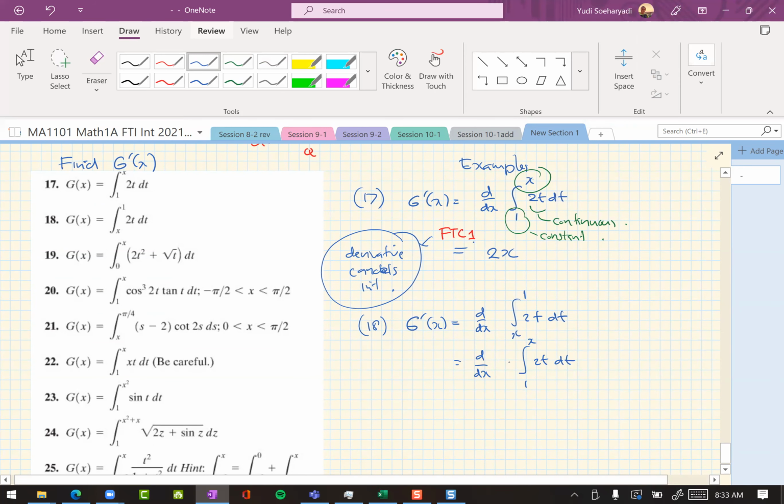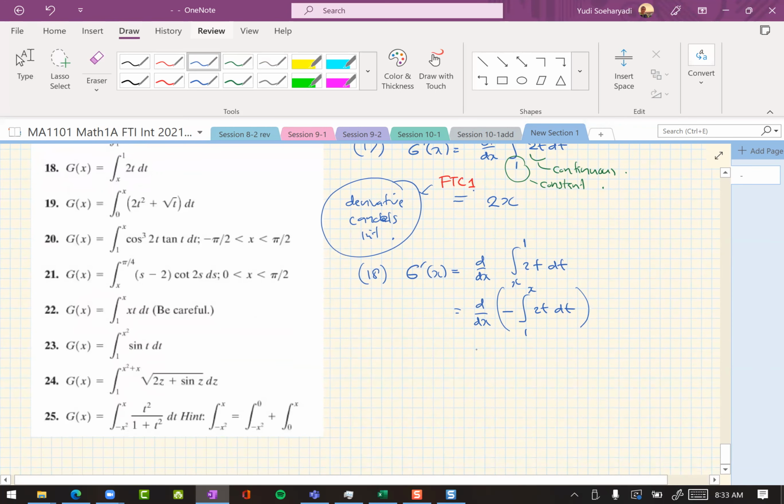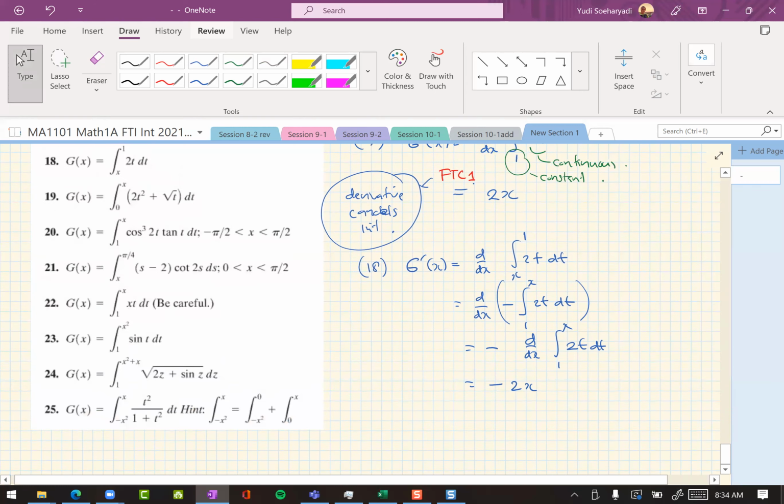But when you switch the integral, then you have that negative sign, right? So you have negative 2x. Okay, questions?